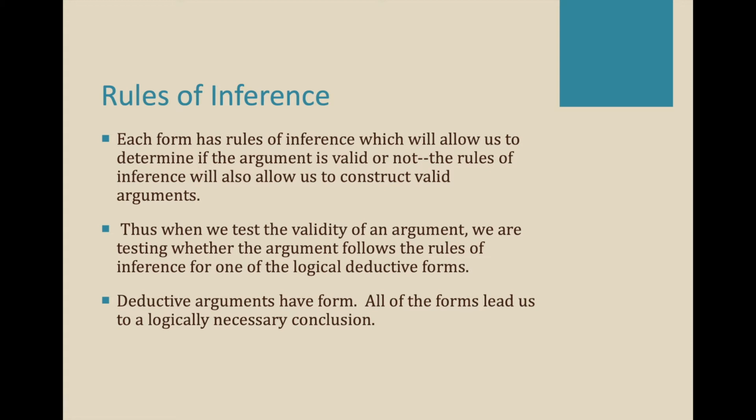And in those cases, we made a judgment that it was likely the claim was true based on the evidence, but it was a degree of probability. With deductive reasoning based on rules of inference, if the rules of inference are followed, there isn't any doubt. That is, we can be certain about the truth of the conclusion because it's a logically necessary conclusion. It's a conclusion derived from the proper construction of the deductive form.